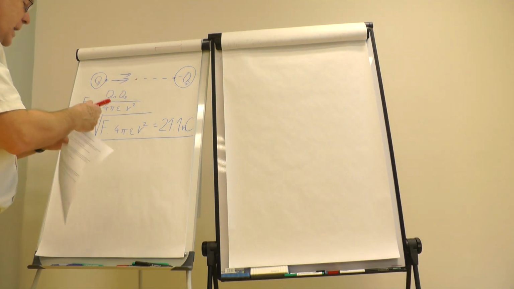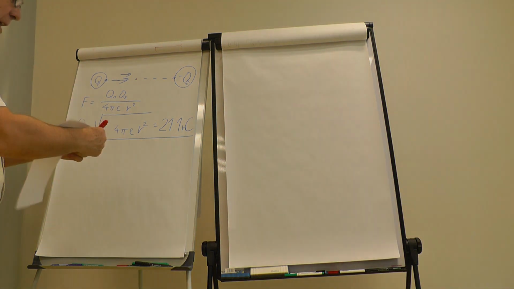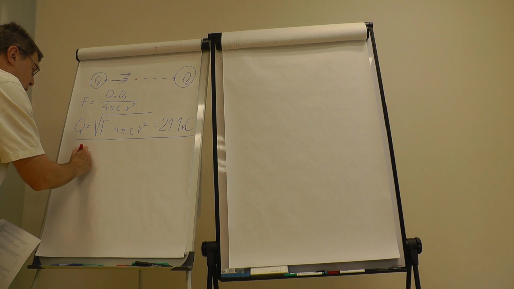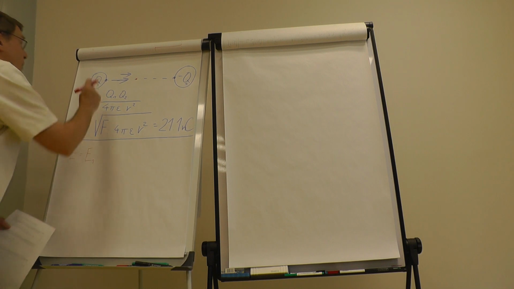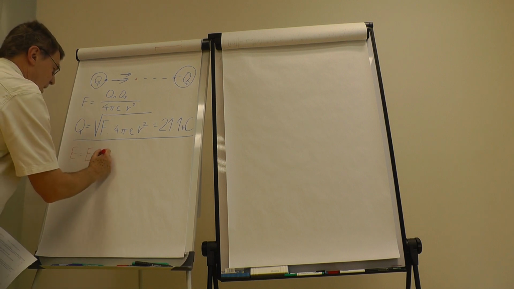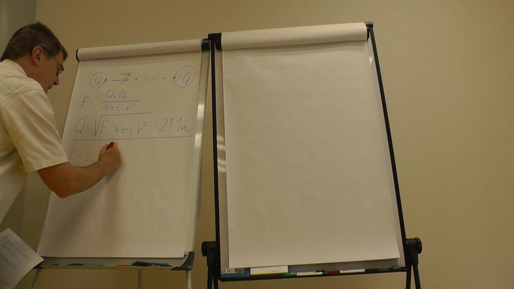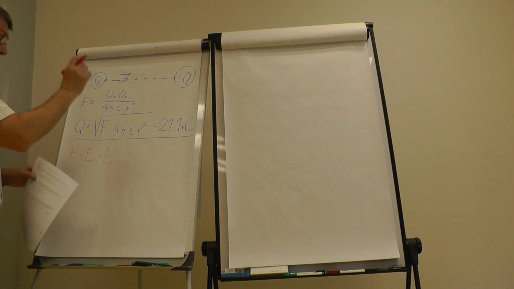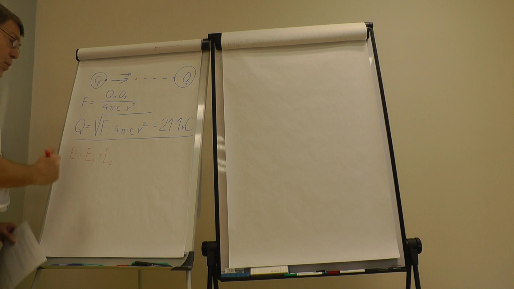And therefore we can, for example, take it in this way. The total field strength E would be a sum of the field caused by the first charge and the field caused by the second charge. And those are equal, so we can take 2 times the first one.